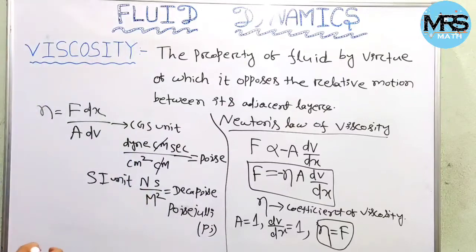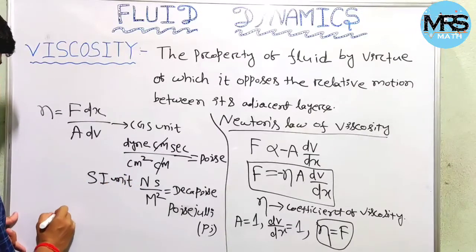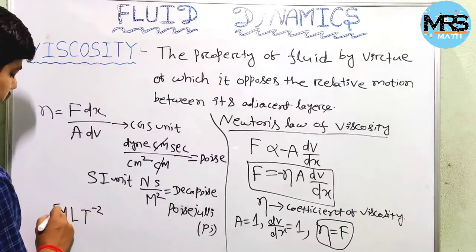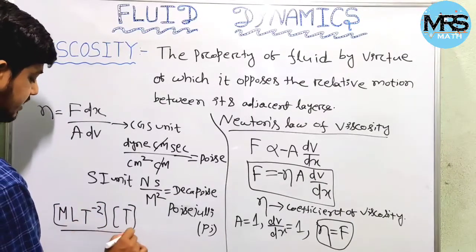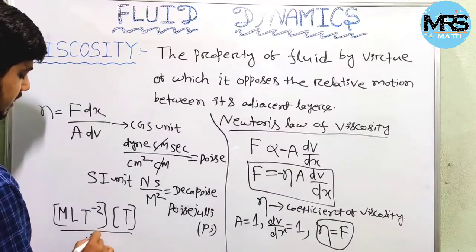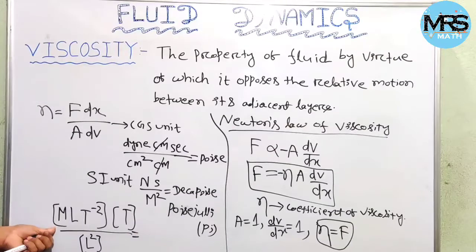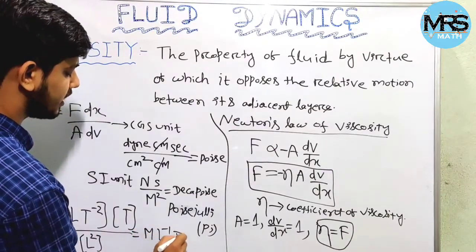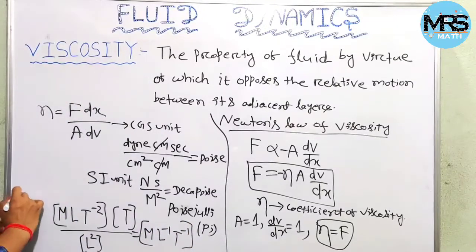So this is the SI unit. Now if we consider the dimension of eta, Newton is M L T to the minus 2, and meter square is L square. So we can write the dimension as M L to the minus 1 T to the minus 1. So this is the dimension of the coefficient of viscosity.